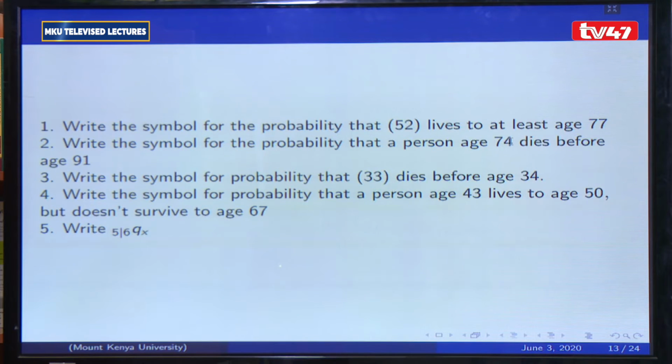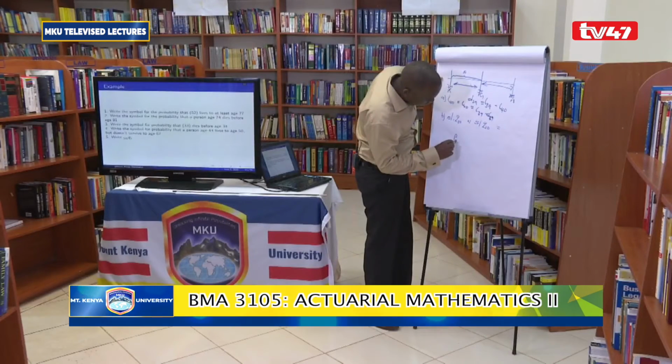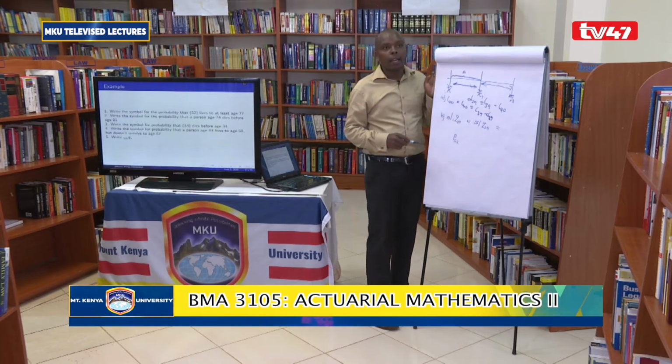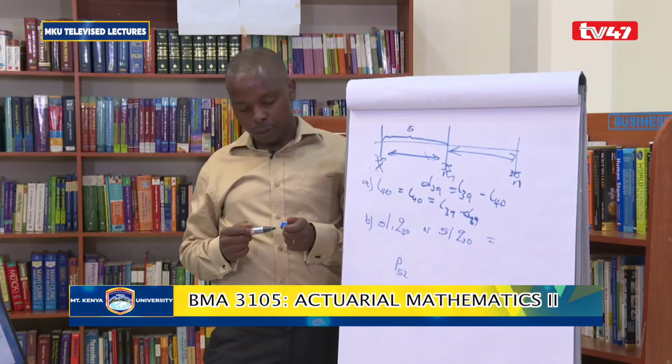So we have p, and the age of this person is 52. And this person lives to 77 years.